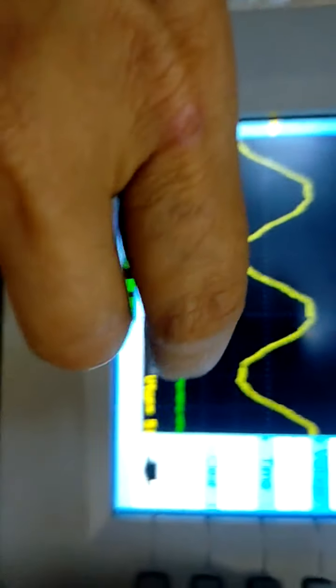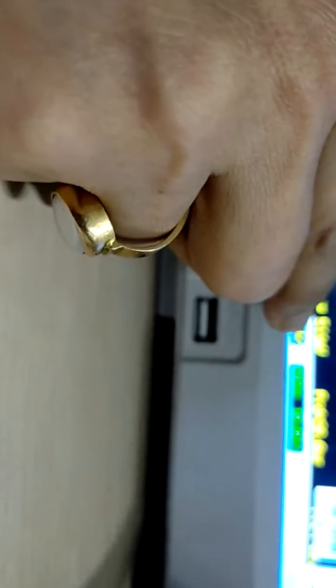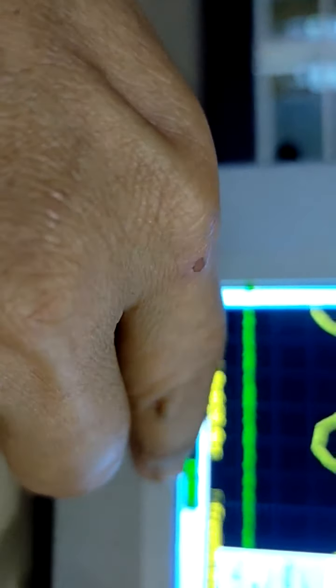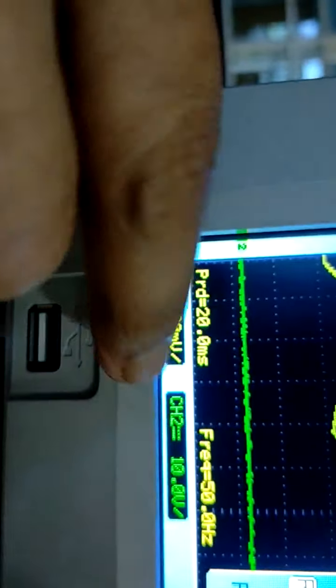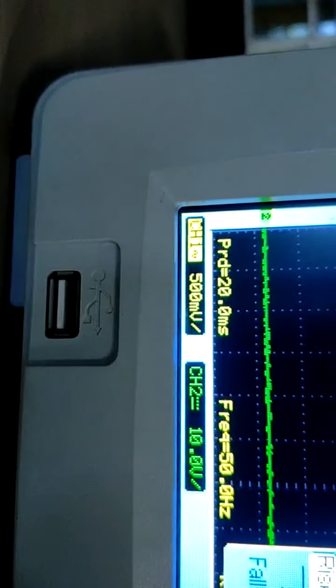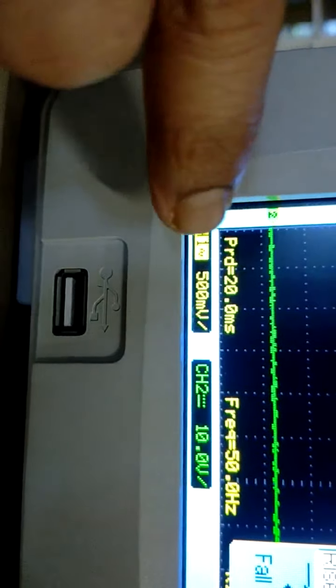And now we will show you the frequency and time period. The time period is 20 millisecond and the frequency is 50 hertz. And obviously you know how to take the value of time period: time period equals 1 by frequency.